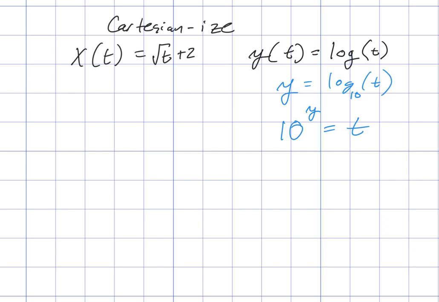But now I know what t equals. So in the other equation, I'm going to swap it in. So x equals t, which is 10 to the y power, square rooted, which is to the 1/2 power, plus 2. All right. And then properties of powers.